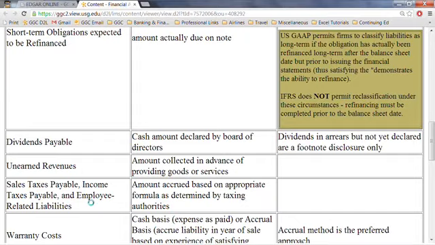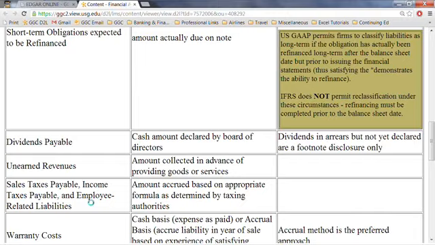The other common types of liabilities that we might find classified as current liabilities would be related to taxes: sales taxes payable, income taxes payable, employee-related liabilities, withholding taxes, and that sort of thing, where the business enterprise is simply acting as an agent on behalf of the taxing authority. So when Walmart sells goods, they collect sales taxes. Those sales taxes do not belong to Walmart.